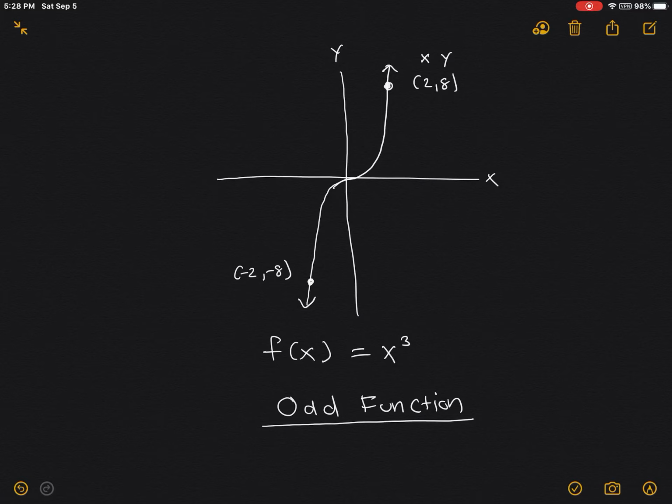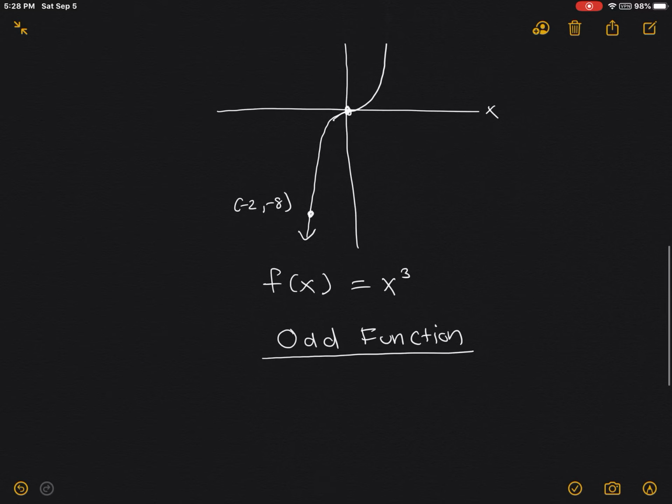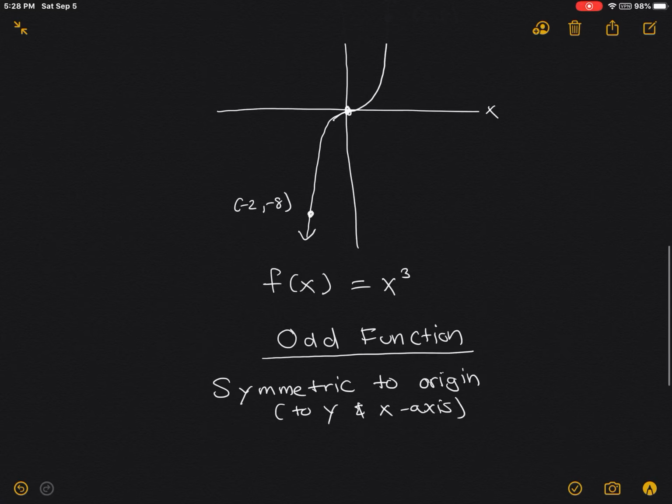So first things first, before we get into the coordinates, an odd function is symmetric to the origin, not to the x-axis. What that means is it's symmetric to both the y-axis and the x-axis.